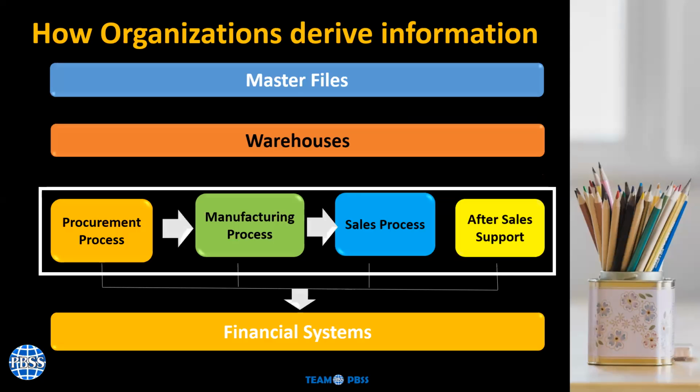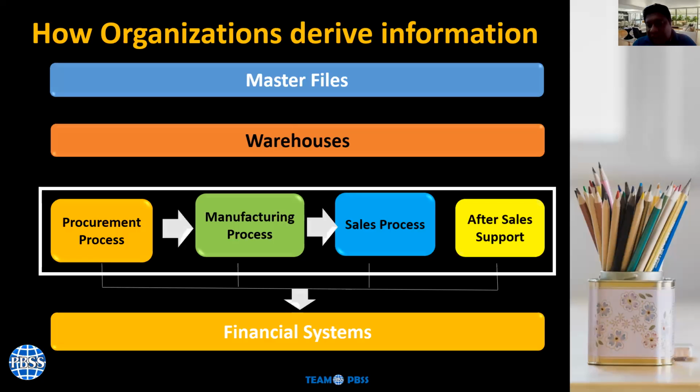Next section, business processes. What is the business process of any organization? Any organization does a procurement process. If your company is a manufacturing company, a manufacturing process. Then you do sales and distribution and marketing processes.